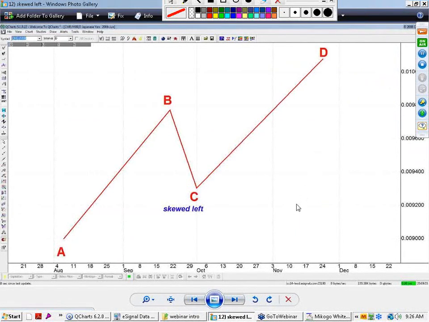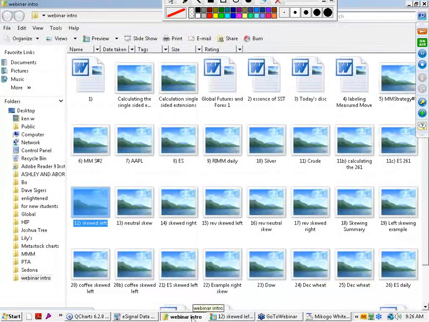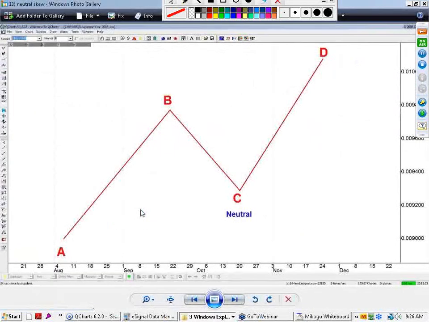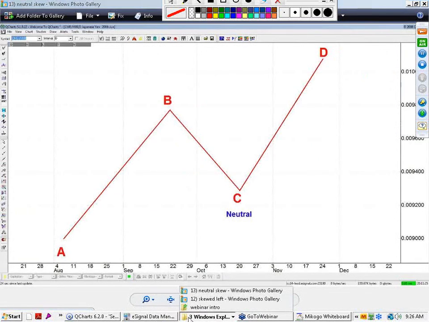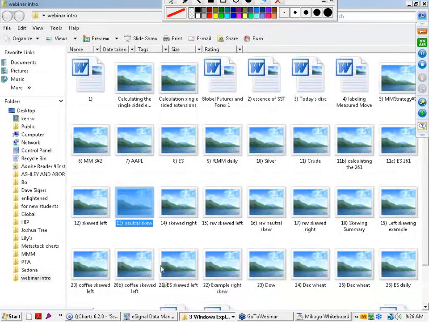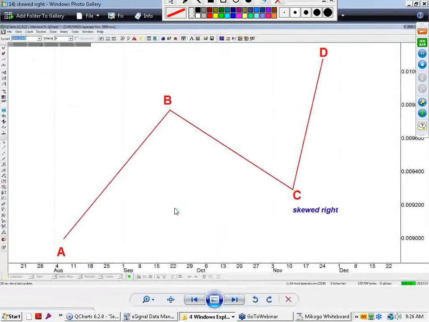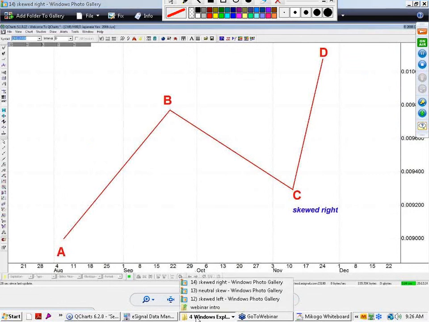Now, when I talk about skew, the skewing, if you will, it is namely the skewing of point C. Point C is the retracement, of course, the BC pullback. Okay. But along with the pullback in terms of the percentage retracement against the upward thrust of point B, point C can be located on this horizontal plane.